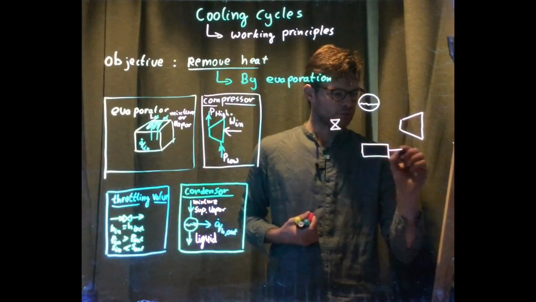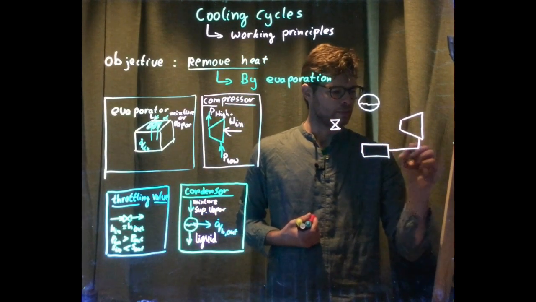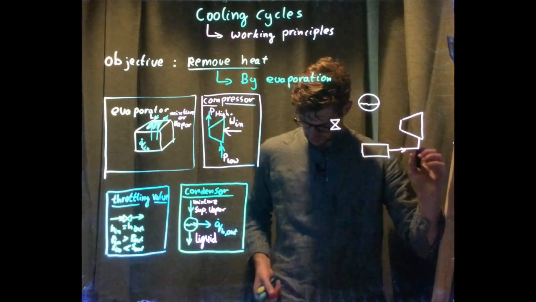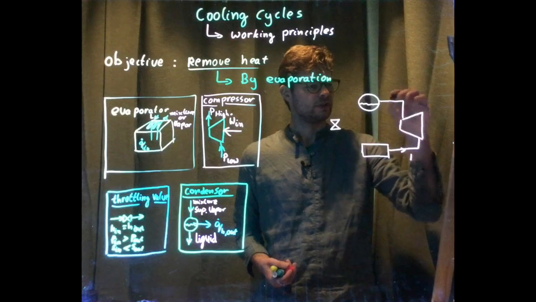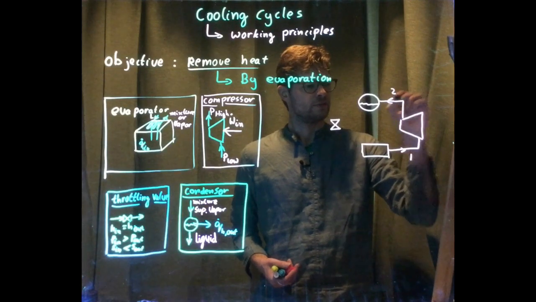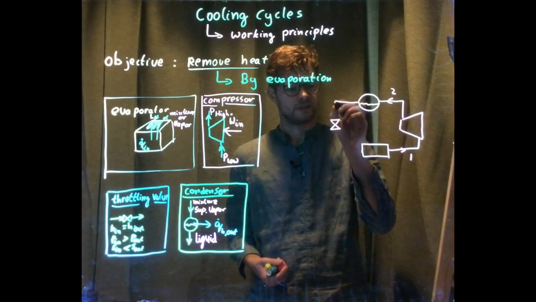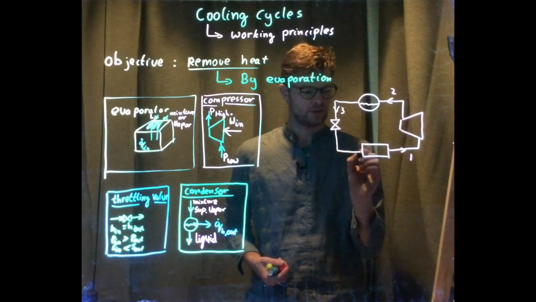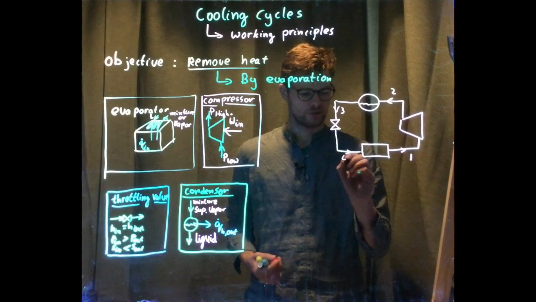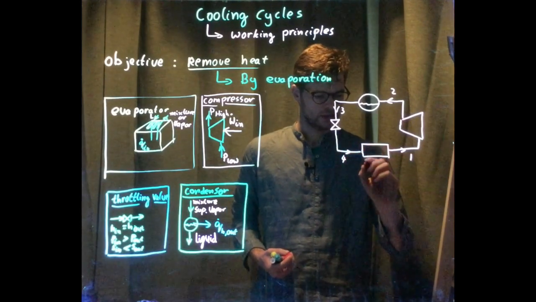So a flow goes from my evaporator to the turbine. Let's call this flow 1. From my turbine a flow goes to the condenser. Name flow 2. From the condenser a flow goes to the throttling valve. And from the throttling valve a flow goes to the evaporator. So 4.